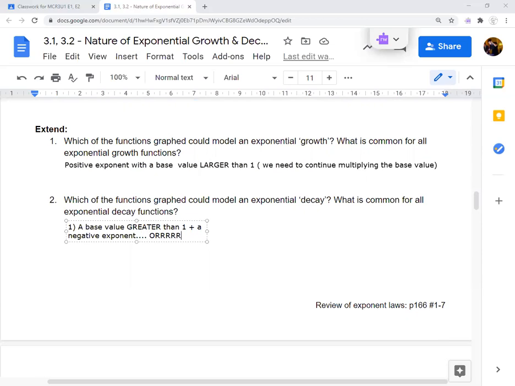Or, and this is more typical, instead of using a negative exponent, we would use a positive exponent with a base value between 0 and 1. In other words, you might think of that as a fraction, 1 over something.